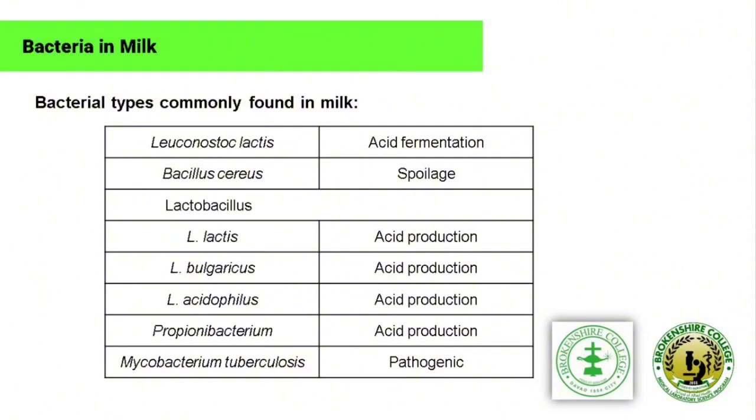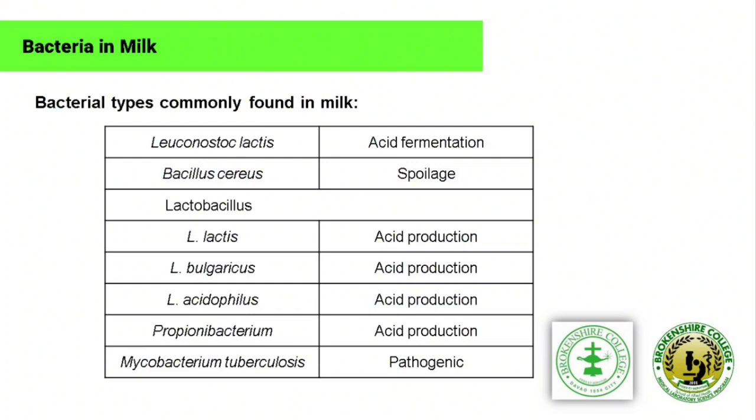Leuconostoc lactis is acid fermentation, Bacillus cereus is spoilage, Lactobacillus lactis, L. bulgaricus, L. acidophilus, and Propionibacterium are acid production, and Mycobacterium tuberculosis is pathogenic.